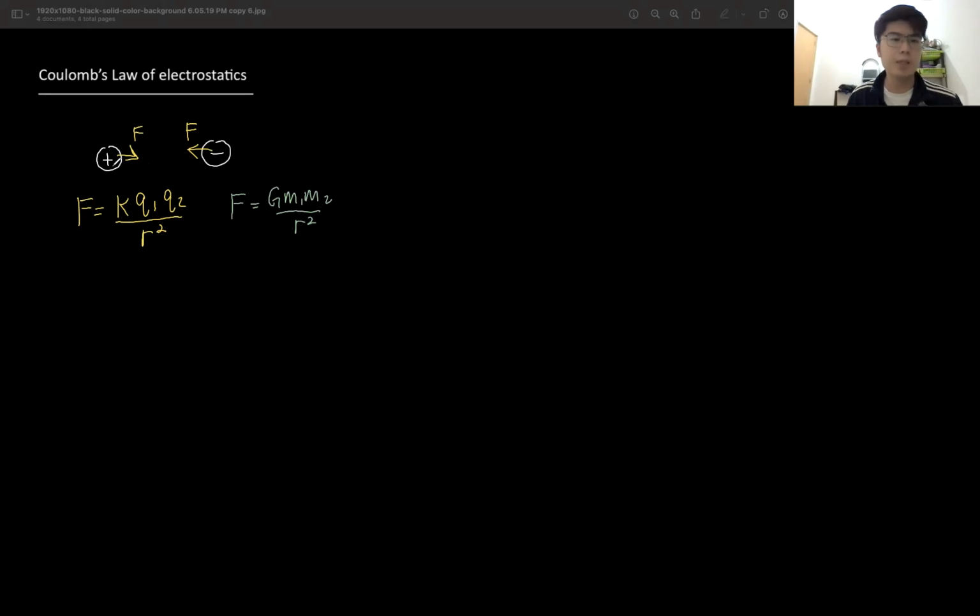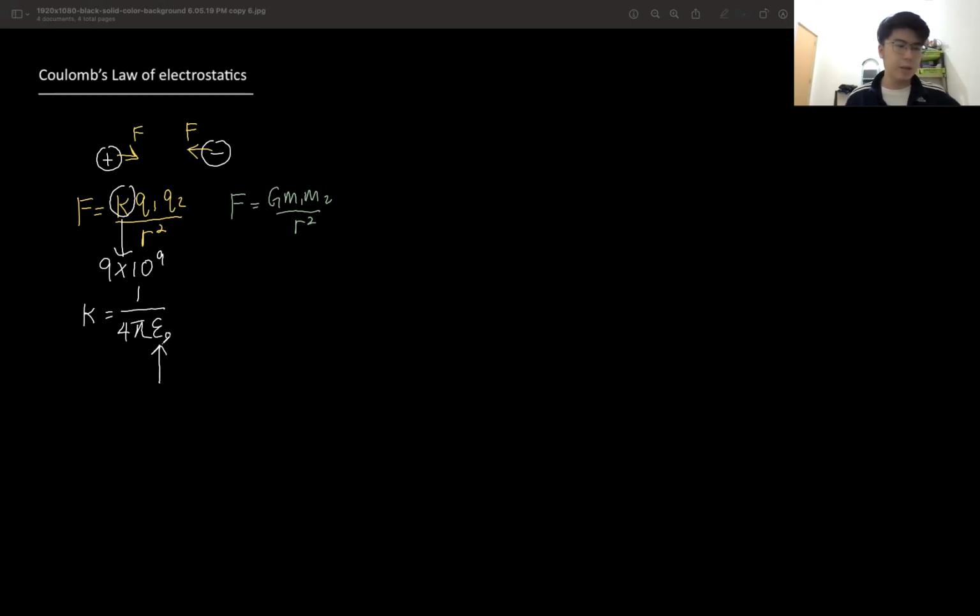Now the k, just like the G, is a constant. What is the value of k? The value of k is 9 times 10 to the power of 9. I can express this as k equals 1 over 4 pi epsilon naught. What is this epsilon naught?